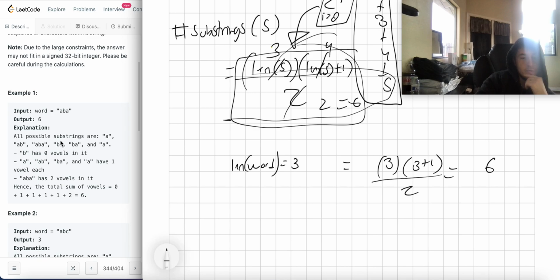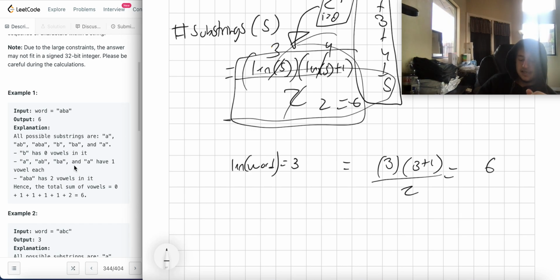So there's 6 substrings in total. And then for this problem, we need to look at each of the 6 substrings and determine if there's a vowel in it, right?